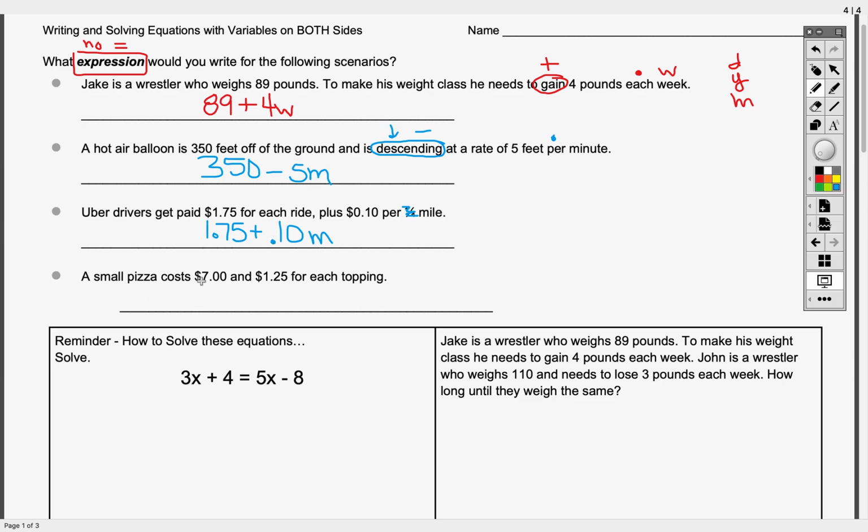A small pizza costs $7, and the word and tells us to add, by the way, $1.25 for each topping.